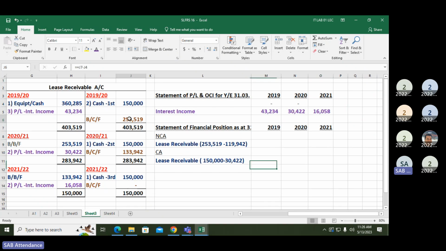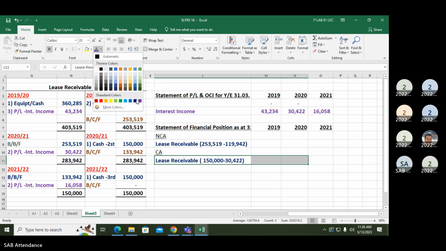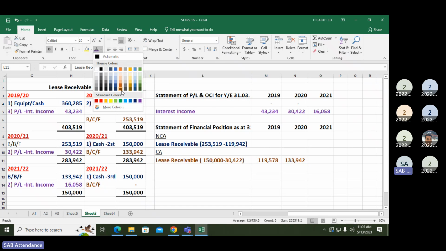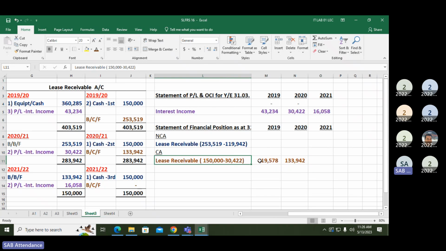Right. The lease receivable first year 253. From that 150 receivable in the next year. So from that 30,000 interest you deduct, then the balance is the current asset, now lease receivable.